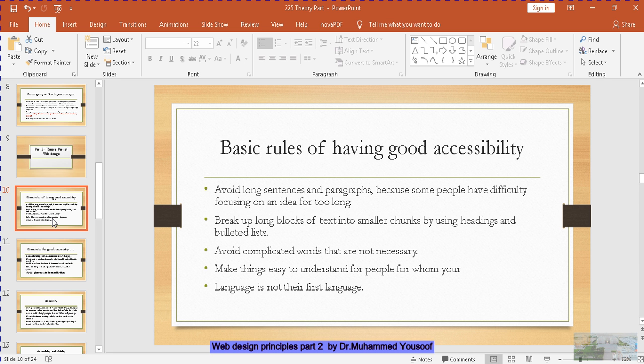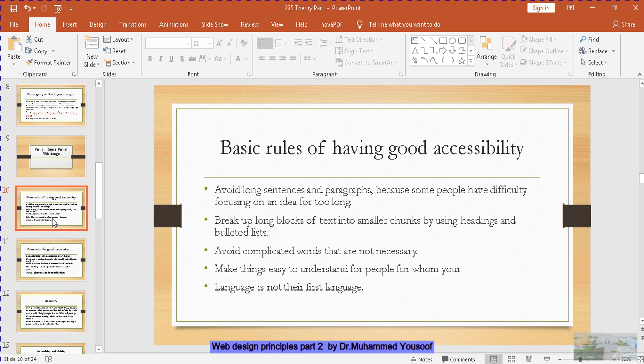Accessibility means how the user will find it easy to use. Accessibility is not only about how easy it is for him to get access to the website. It is also about how easy it is for him to use. So the words accessibility and usability are used interchangeably in web design.